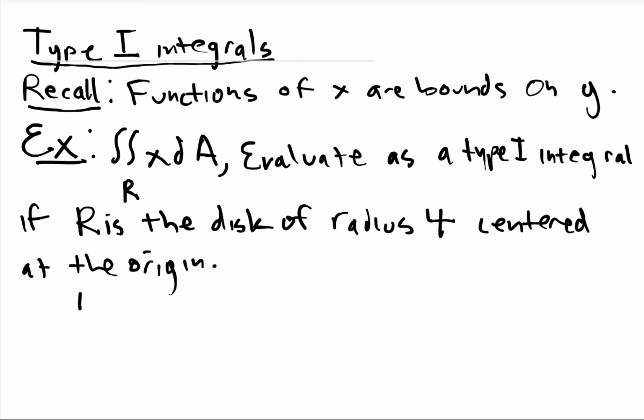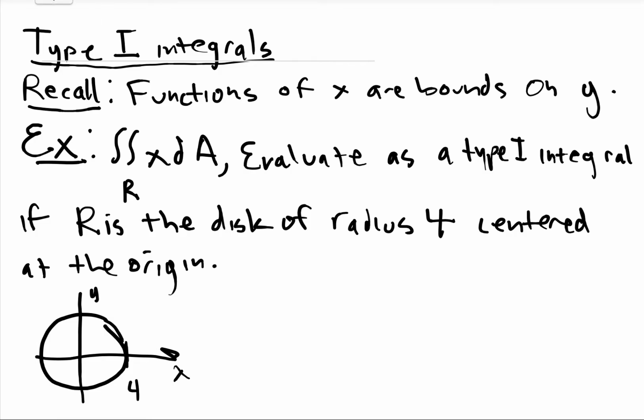So, just to clarify here, circle, disk, same thing. We'll pretend that this is a circle. Radius 4 centered at the origin. If I'm trying to interpret this guy as a type 1 integral, ideally what I want is for there to be bounds on y that are functions of x, and functions of x pass the vertical line test.